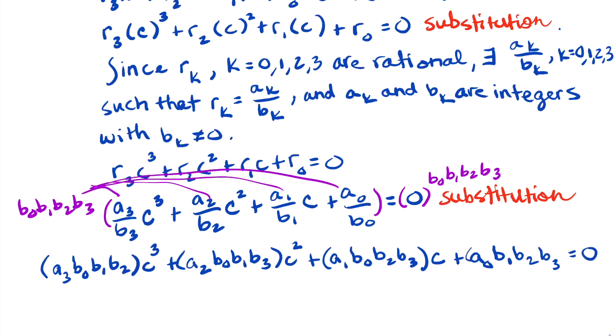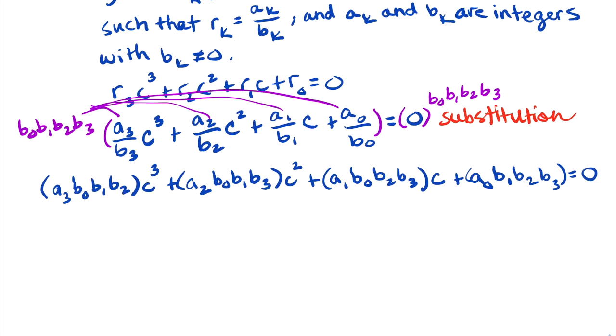So each of the quantities that are in the parentheses are going to be what kind of number? Beautiful. Integers, because when you multiply integers together, you get integers out, right?